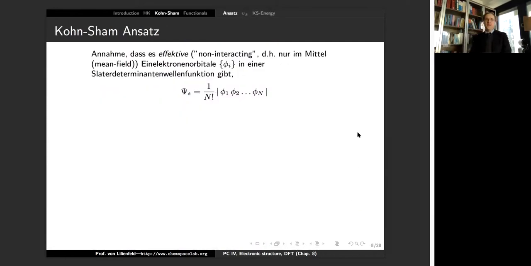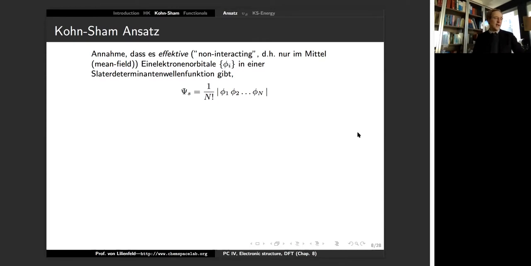Now, this was a big problem, and one way out, which is unfortunately only approximate, but still very helpful, was the introduction of the Kohn-Sham potential, or the Kohn-Sham Ansatz.